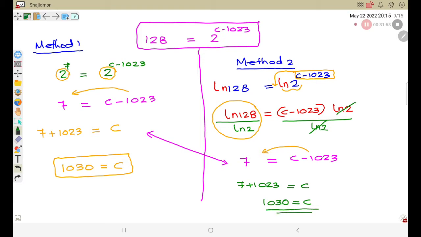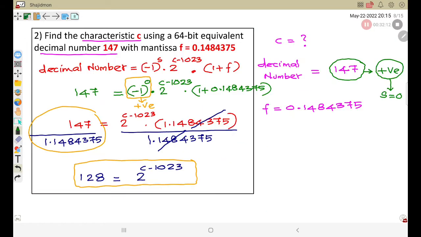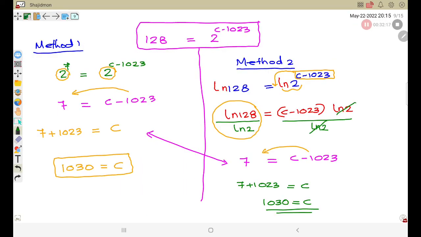This is almost the same as method 1, only one extra step. And for any question, any number regardless of 2 power, you can use method 2. So you can follow one of the methods for finding the c number.